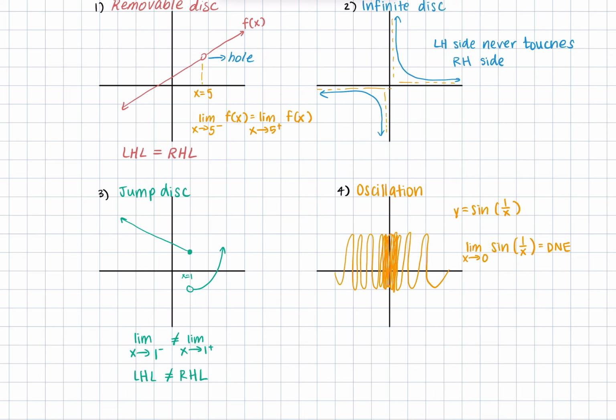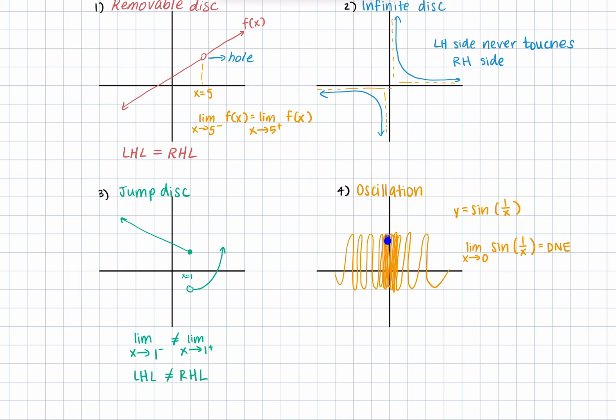The differentiator between oscillation and jump discontinuity is that, yes, the points are jumping from 1 to negative 1, but they're also jumping back to that same point. So it's going 1, negative 1, 1, negative 1. Whereas in a jump discontinuity, it's just going from 1 to negative 1, and that's it. It's just jumping and moving on with that function.